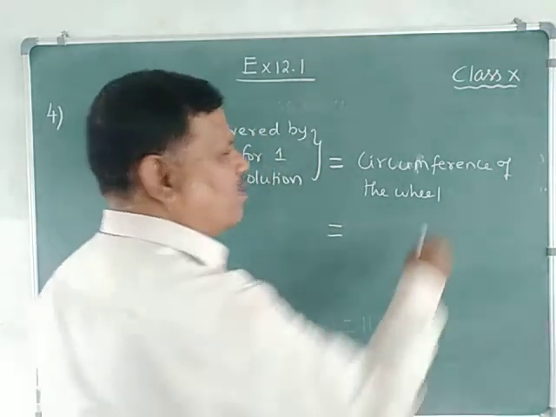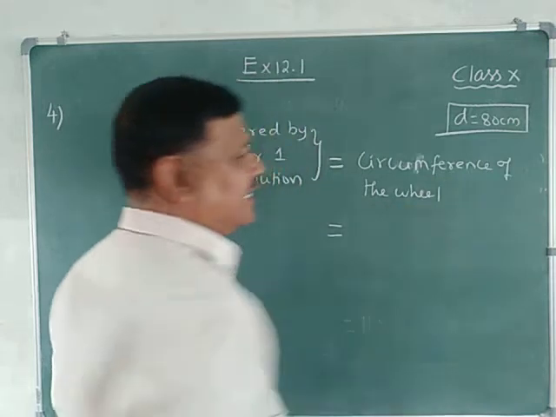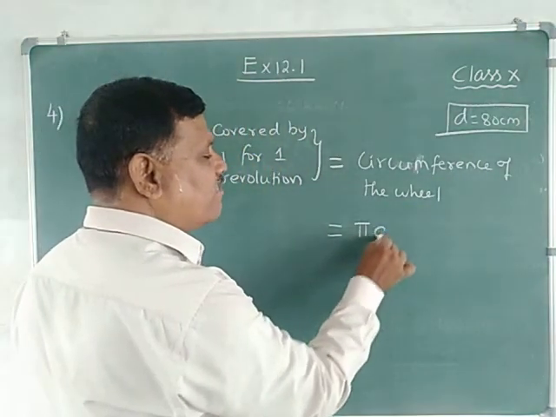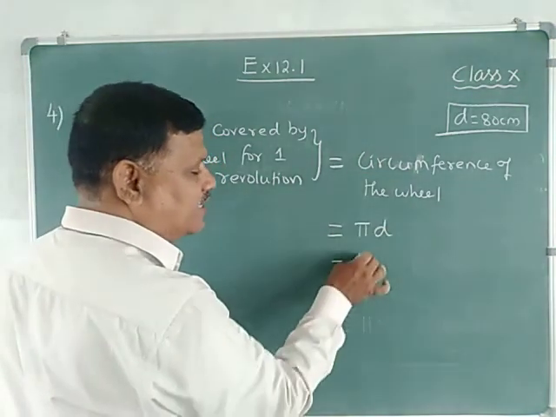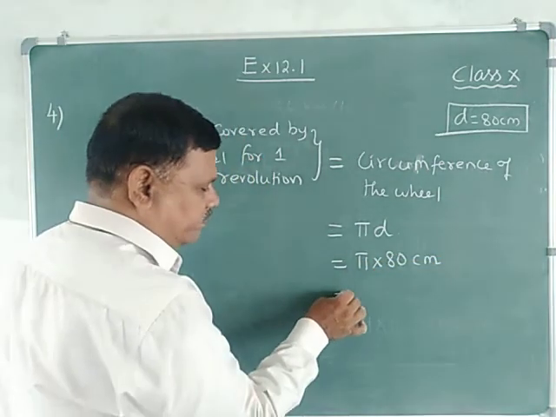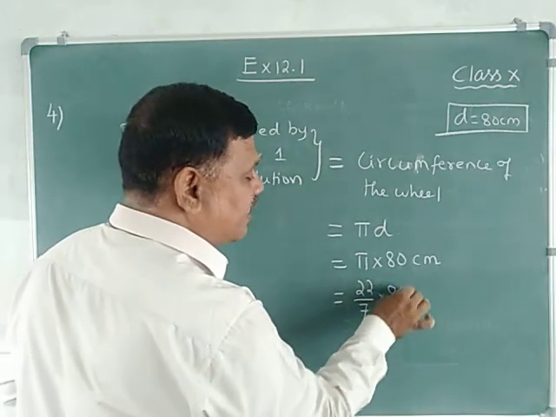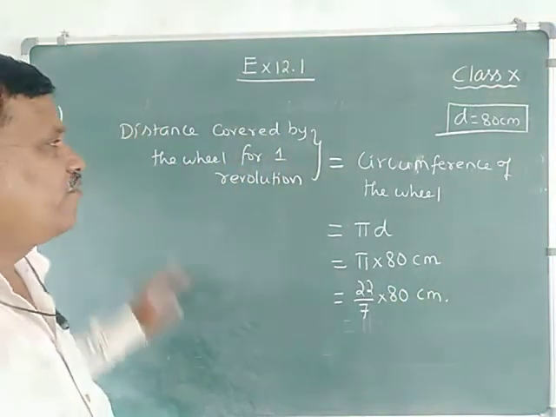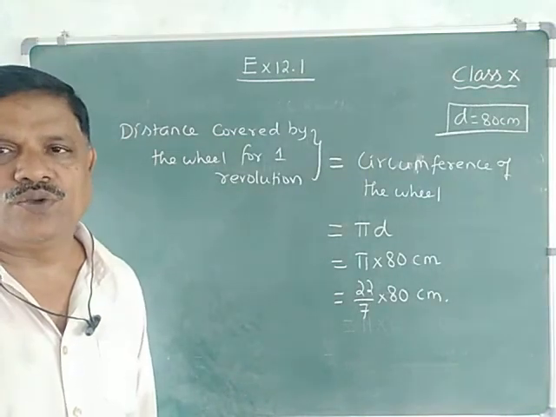And it is given in the problem that the diameter of the wheel is 80 centimeter. Therefore, how to find the circumference of the wheel? By using the formula pi d. And now here d is equal to how much? 80. So we get pi into 80 centimeter. That is equal to 22 by 7 into 80 centimeter. So this is how we find the distance covered by the wheel for 1 revolution.